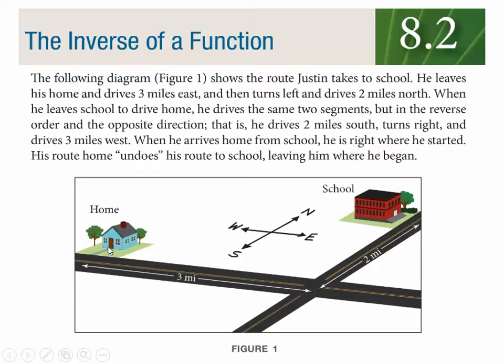He leaves his home and drives 3 miles east, turns left and drives 2 miles north, and he's at school. On the way back, the reverse is true. So he actually has to redo his steps. Now it's 2 miles south. He takes a right-hand turn instead of a left now, and he travels 3 miles west, and he arrives at home. So it's really undoing the process that you did.